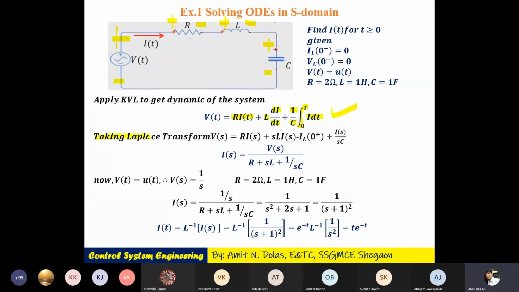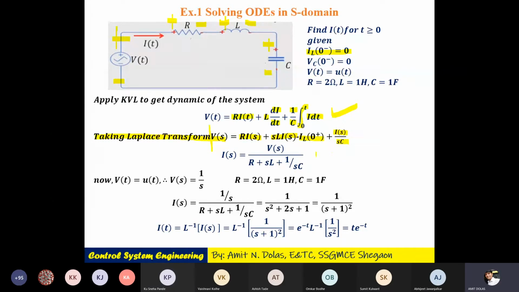Then after taking the Laplace transform, that is V of s is equal to R I of s plus sL I of s minus the initial condition, which is supposed to be 0 here, whether it is i_L at 0 minus or 0 plus, it is 0, plus I of s by sC.